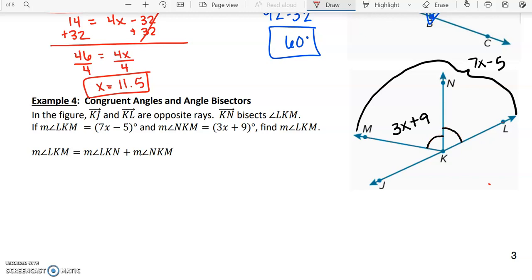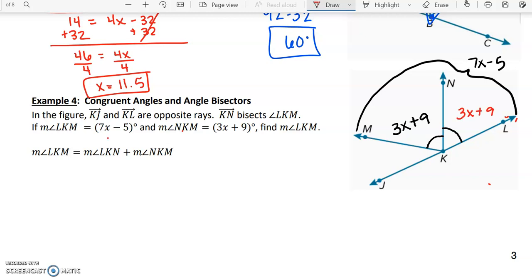These are congruent, and I know LKM, the total, is 7x minus 5, and I know that NKM, this angle over here on the left, is 3x plus 9. Well, my arc marks tell me that this angle and this angle are the same. So if this is 3x plus 9, then this has to be 3x plus 9.